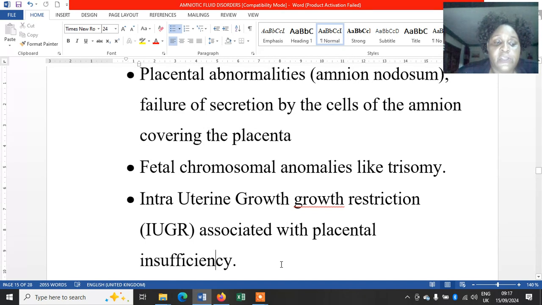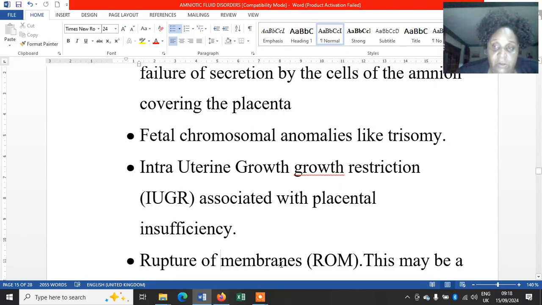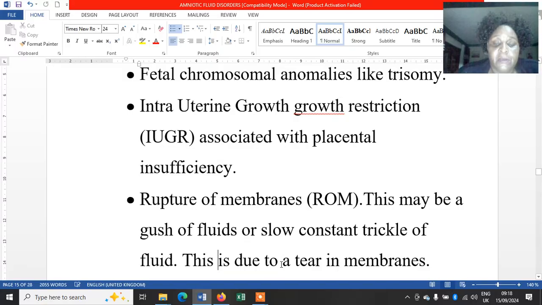Then fetal chromosomal anomalies like trisomy, and intrauterine growth restriction associated with placental insufficiency. Here it means our baby may not be feeding very well, therefore not producing enough urine. Then there can be rupture of membranes.